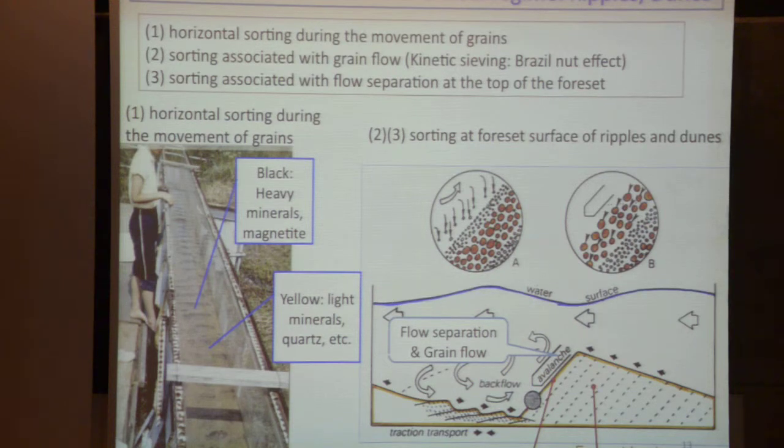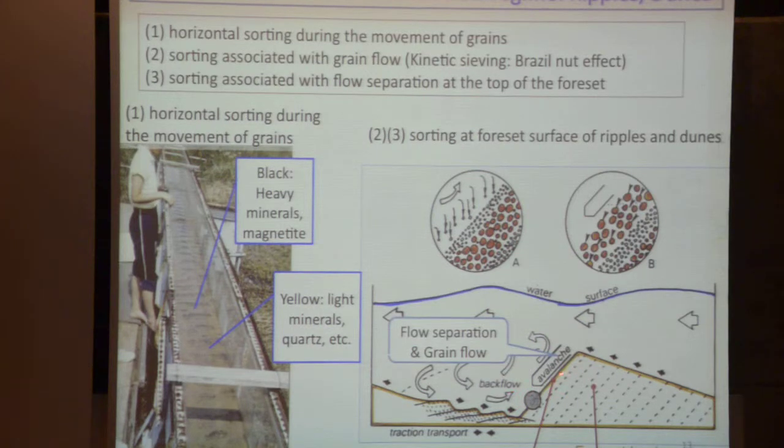And right-hand side is a schematic diagram showing the sorting effect at the foreset surface. Grains move on the stoss side of ripples, and here flow separation occurs, and some light small grains are captured by the separated flows and jump out from the foreset and fall down on the foreset surface.